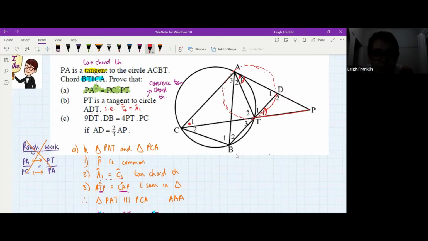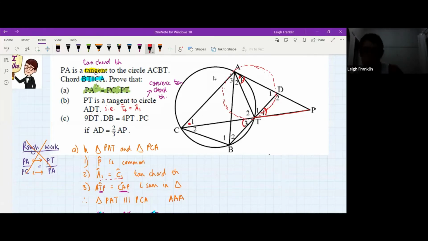Is there anything else that A1 would be equal to, or C1 would be equal to, in this particular case? T3. Oh, T3. Okay, all right. So T3 and T4 are equal to one another.